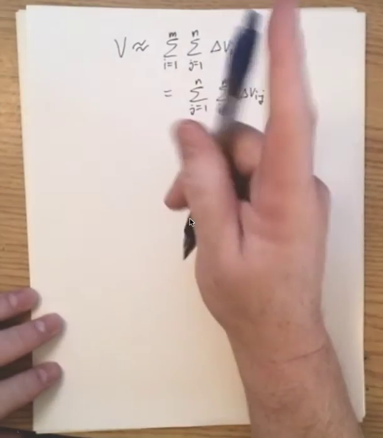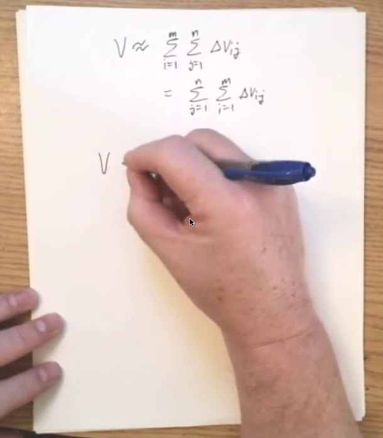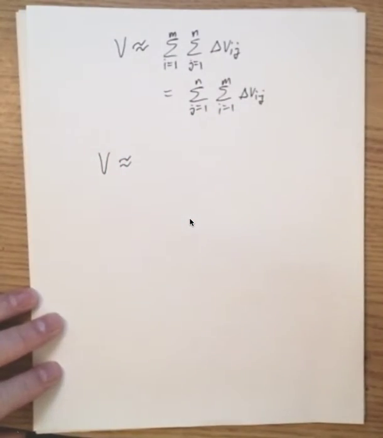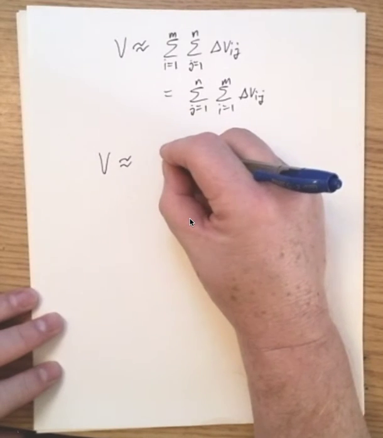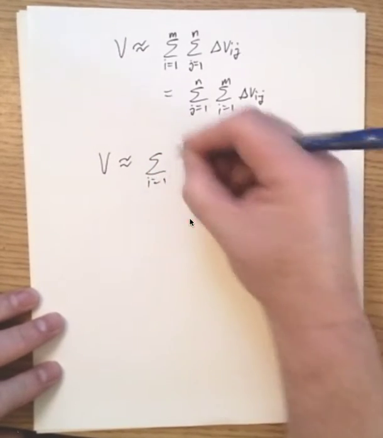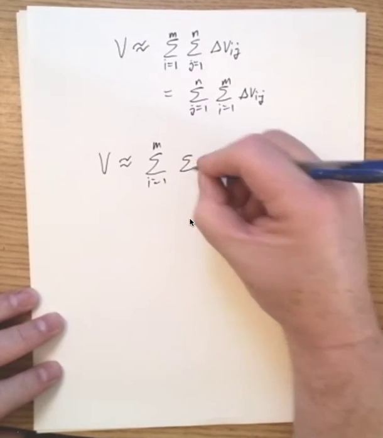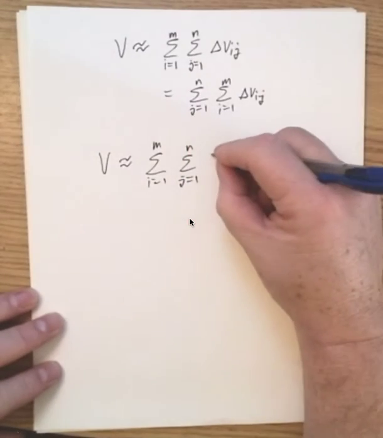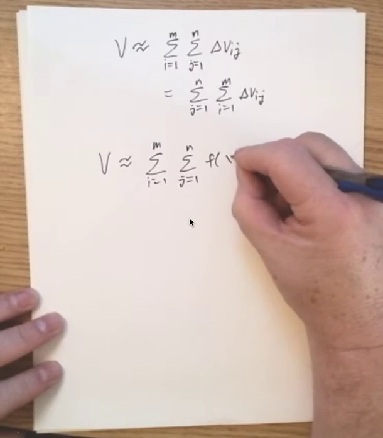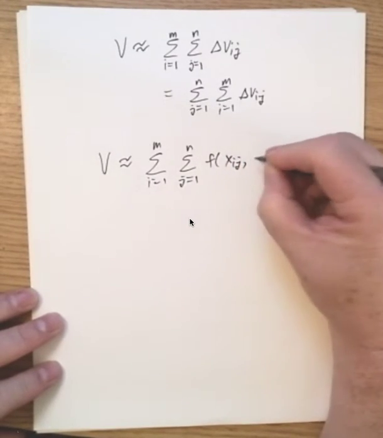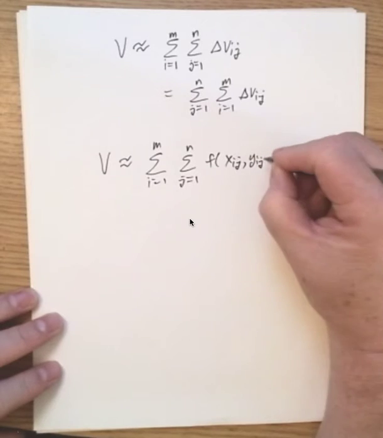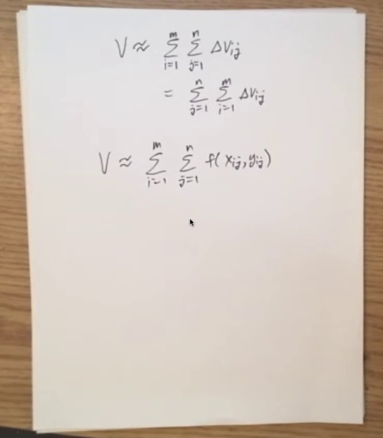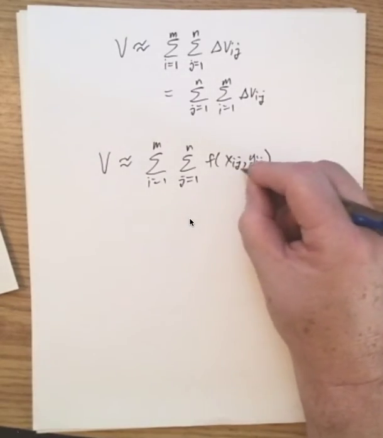We could also write this, let's be a little more explicit: the summation, i goes from 1 to m, j goes from 1 to n, of the function evaluated at x sub ij, y sub ij. You know what I should do here? I think back in the PowerPoint, these were actually endpoints of the interval.